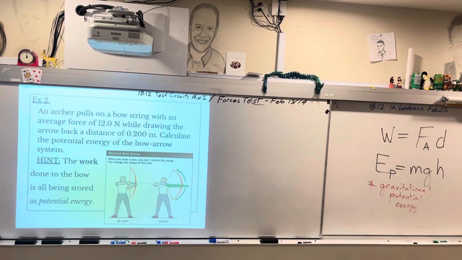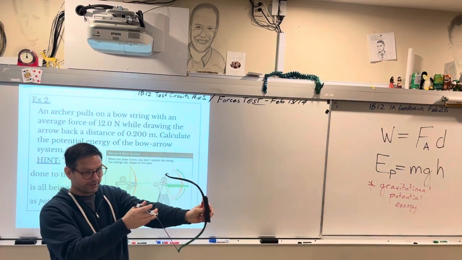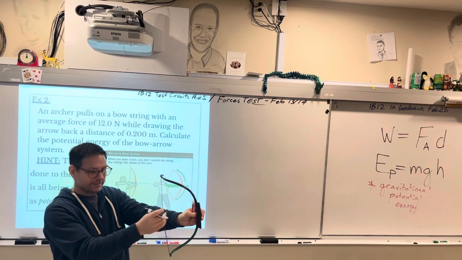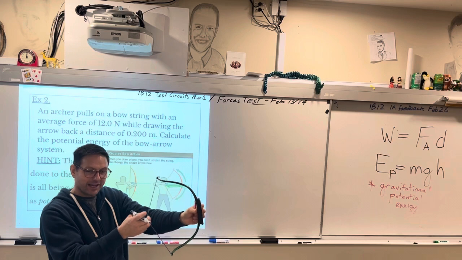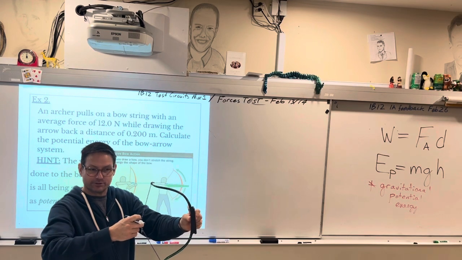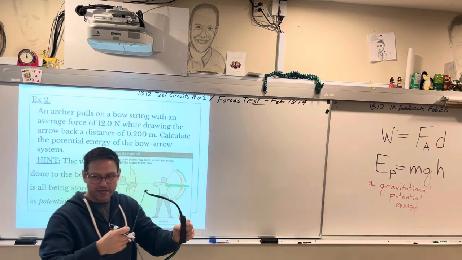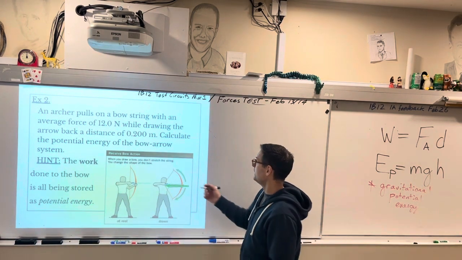The work you do to stretch your bow and arrow. Valentine's Day, Cupid. The work you do to stretch the bow is the same as the potential energy stored in the string. So if you find the work it takes to pull it back, you will also know the potential energy stored in it.